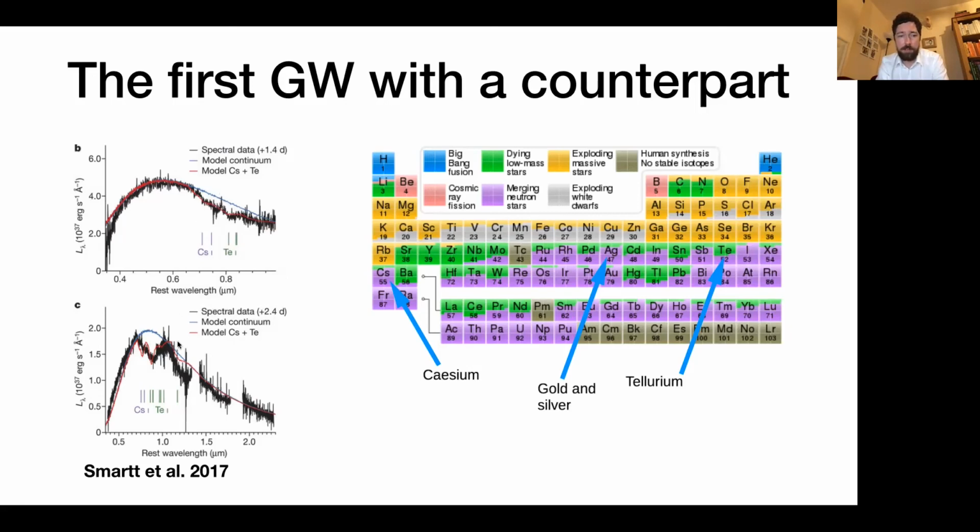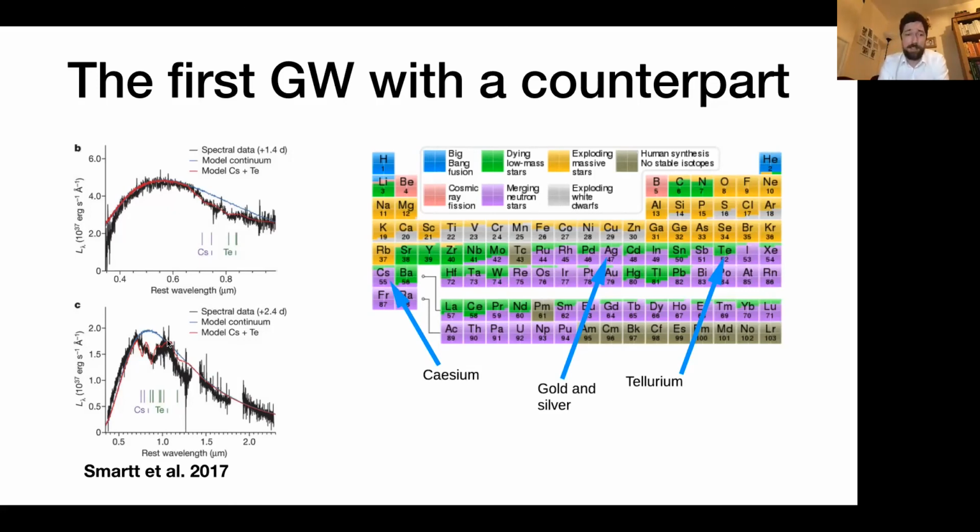And then about a day later, we see that these very broad bumps and wiggles have appeared in the spectrum. What these bumps and wiggles are is absorption of light by gas of very specific elements. Every element, hydrogen, helium, carbon, calcium, whatever, will absorb or emit light at a very specific wavelength.